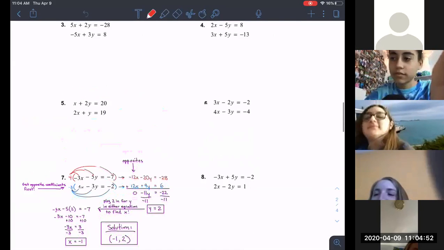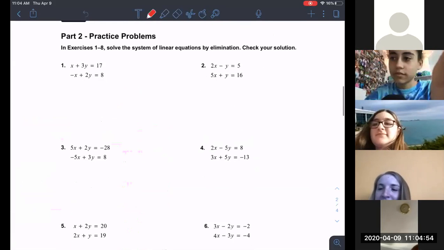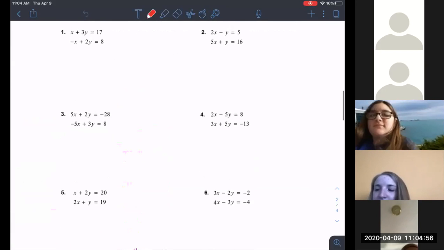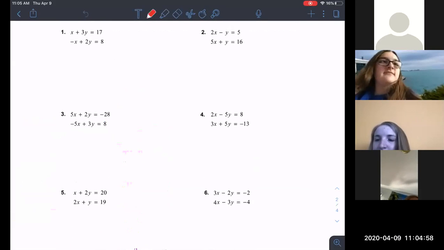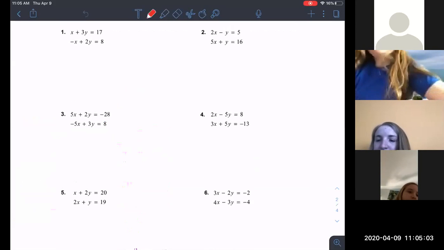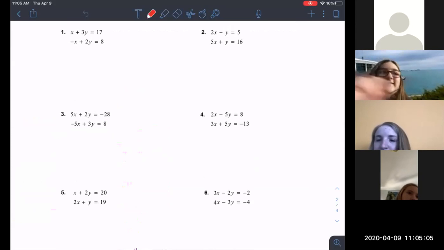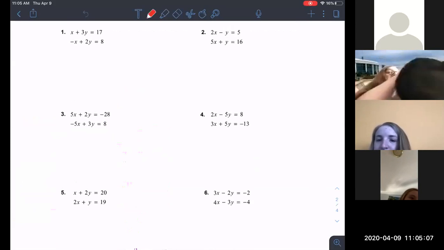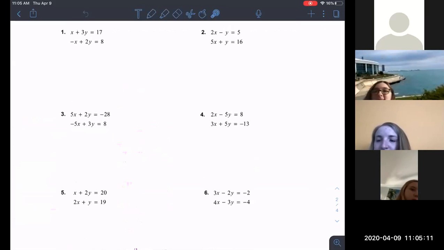Okay, so in the practice problem, the first 4 were the easy kind. Can anybody tell me why? Because we already have opposite coefficients. Now when I share my screen like this, I get this cool laser pointer feature.